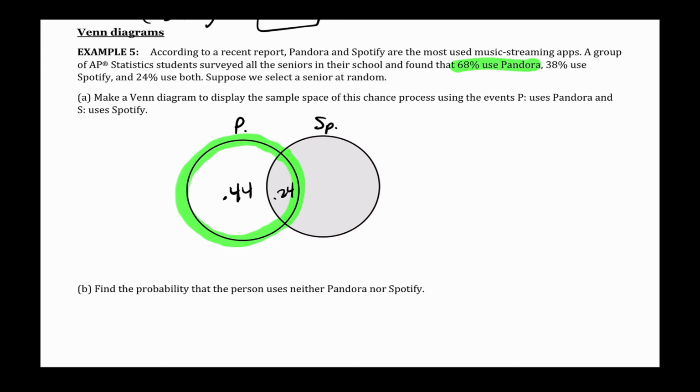Now the yellow circle is Spotify. We can't go above 38. Well, I already got 24, so that means 14 has to be there. Okay.